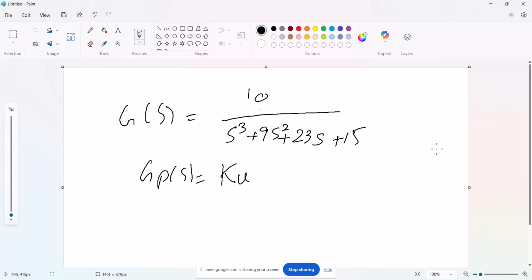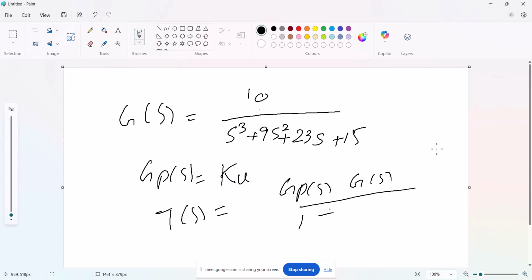So the closed loop transfer function T of s will be equal to Gc of s G of s over 1 plus Gc of s G of s, right?